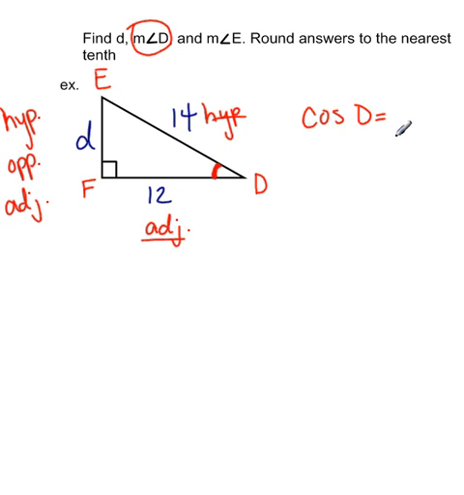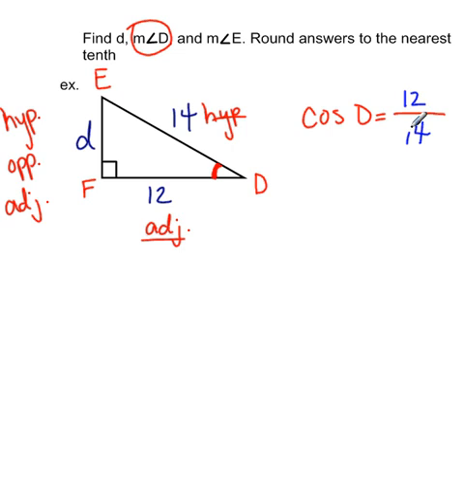Now let's finish off this sentence here. Cosine of angle D is, if we look back at SOHCAHTOA that you have in your notes, cosine is adjacent over hypotenuse. Now we already know the adjacent, let's erase that word, and let's put in 12. And we also know that the hypotenuse is 14.